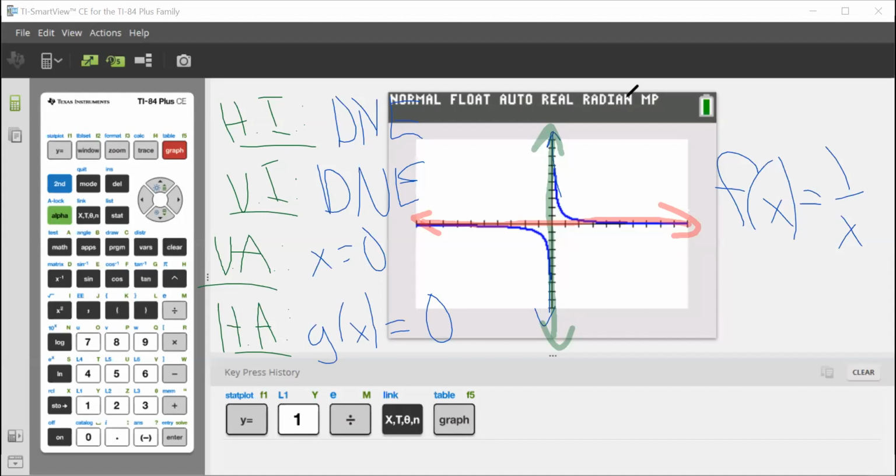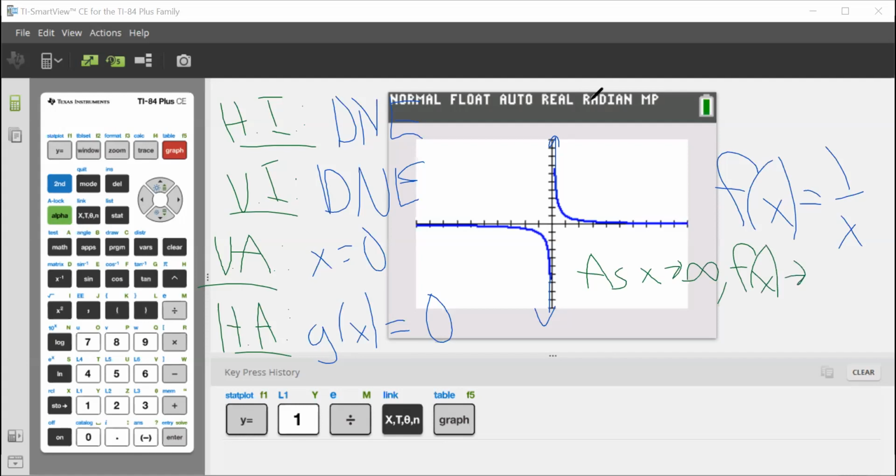All right. One more thing with this. Let's look at the long run behavior. So what happens in the graph as the input values get really, really large or really, really small. So I'm going to look at as x goes to positive infinity here. What is f of x going towards?